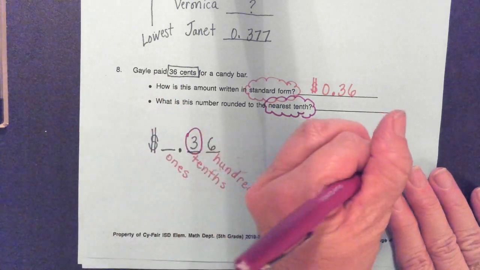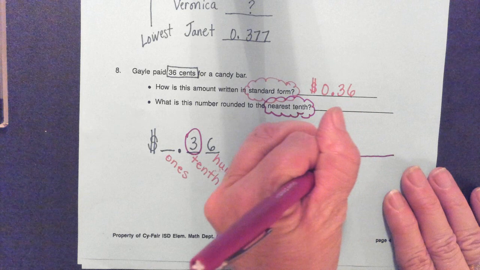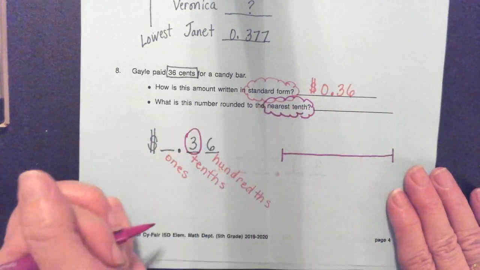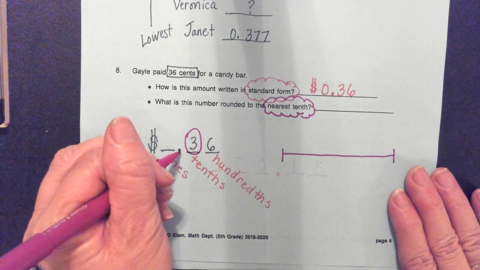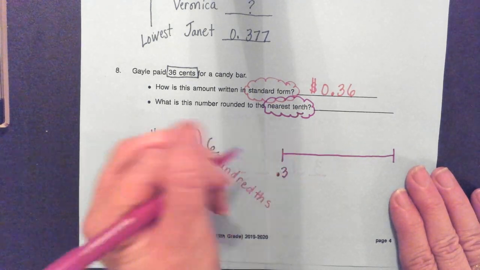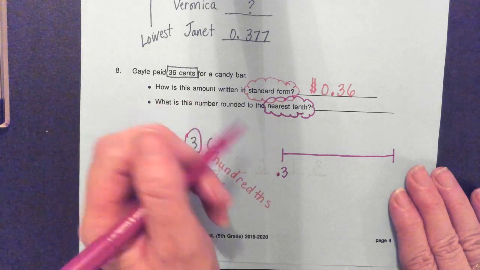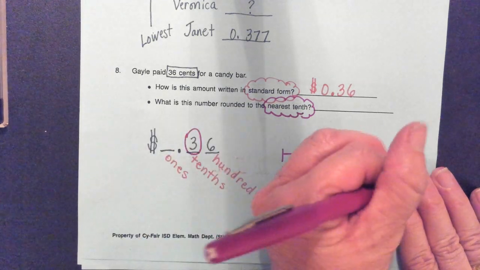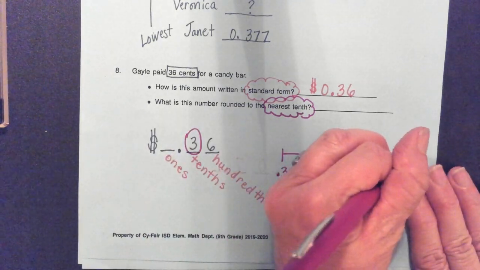And I'm going to think about my number line. I'm going to make a little number line over here to the right of my work. If I'm thinking about the nearest tenth, this is going to be 0.3 because that's where we're starting, and the very next tenth would be 0.4.